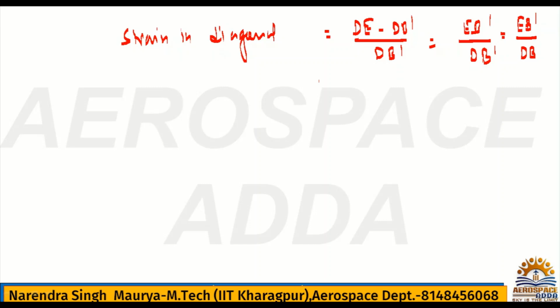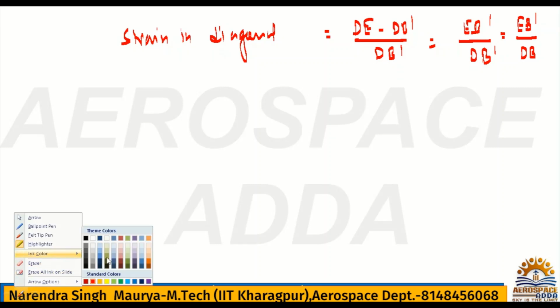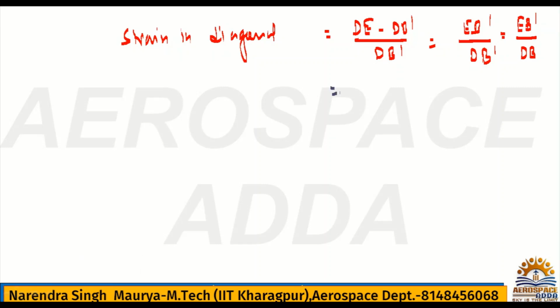If you remember, what is that? See, this value is nothing but EB dash divided by DB. What is the DB? DB is nothing but the diagonal.